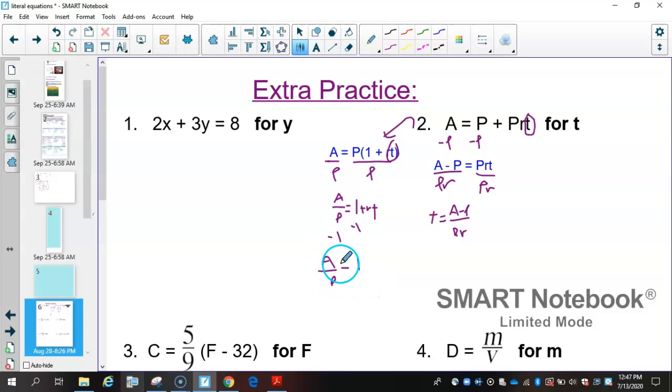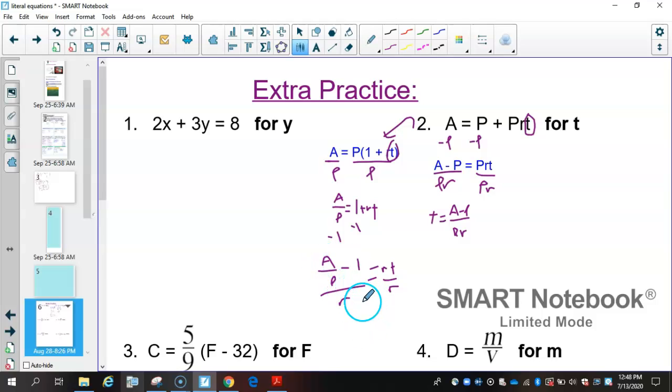That way this entire fraction is being subtracted by 1. And then the last step would be to get rid of r. So I would need to do that by dividing.